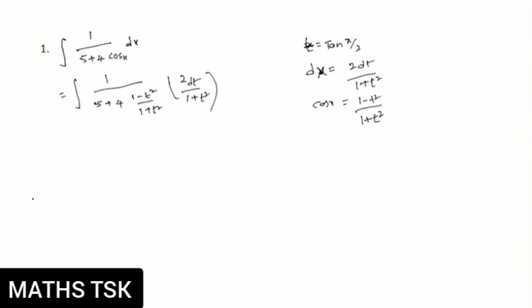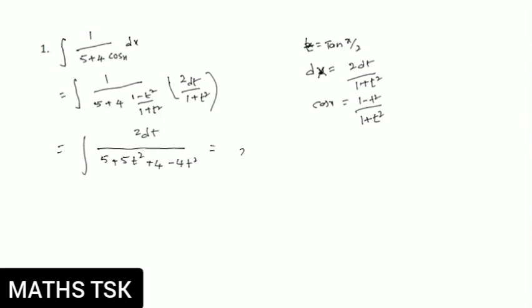Take LCM. If you take LCM, what we get is integration of 2 dt by, take LCM, 5 plus 5t square, 5 into 1 plus t square is 5 plus 5t square, and then 4 minus 4t square.